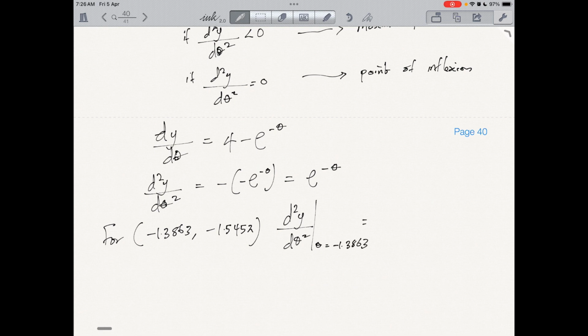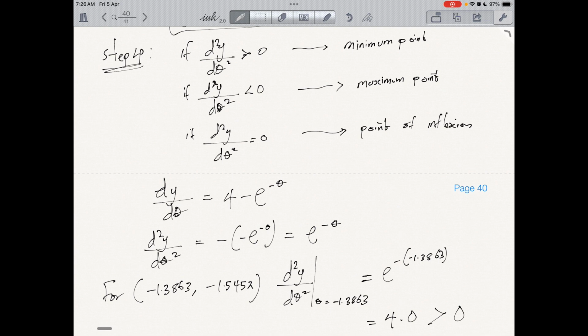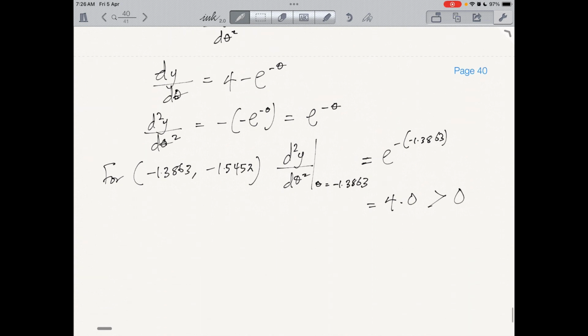Now I want to determine the nature, if it is a maximum, minimum, or point of inflection. It is exponential minus into minus 1.3863, and this is going to give us 4.0. And this is greater than 0. And if it is greater than 0, we have that this point is a minimum point.